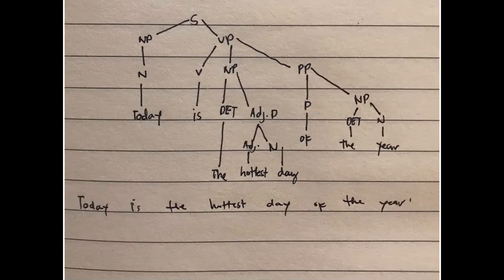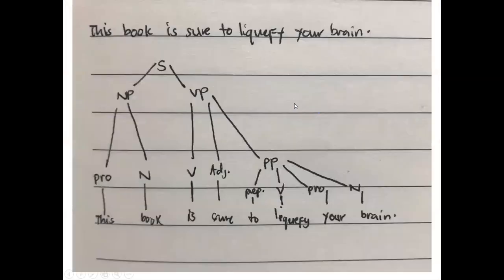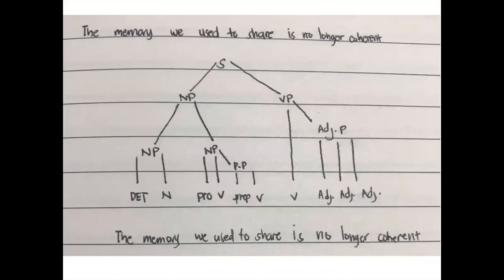Next, the memory we used to share is no longer coherent. But actually, this is so simple. We have sentence, NP, VP again.